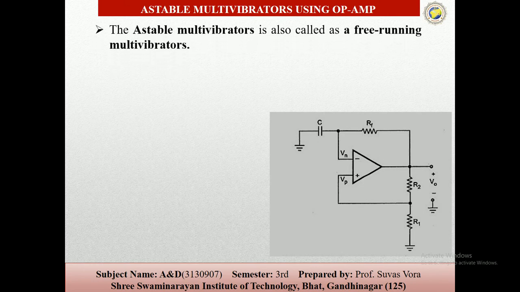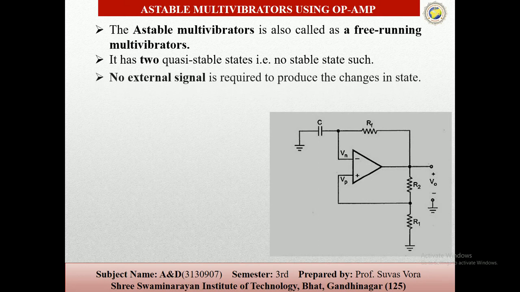So the astable multivibrator is also called the free running multivibrator. It has two quasi-stable states and no stable state, so no external signal is required to produce the change in the state.